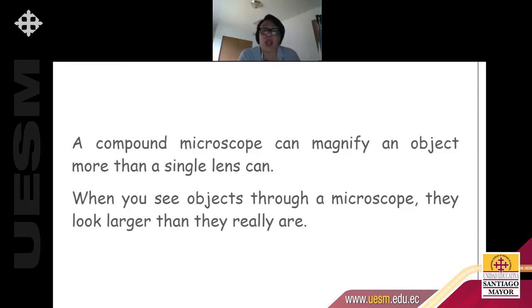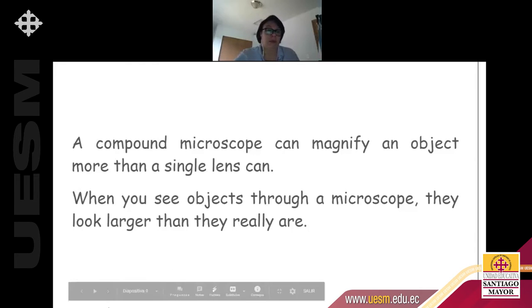It's like when you are in the class and you use the microscope and then the image is blurry and you have to move this part that is around the lens so you can fix the image and you can see all the details and you don't see the image blurry anymore. That is resolution. So we have magnification and we have resolution.